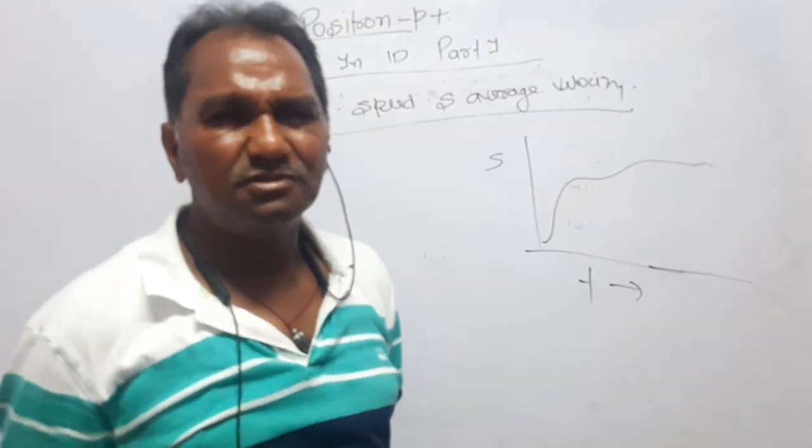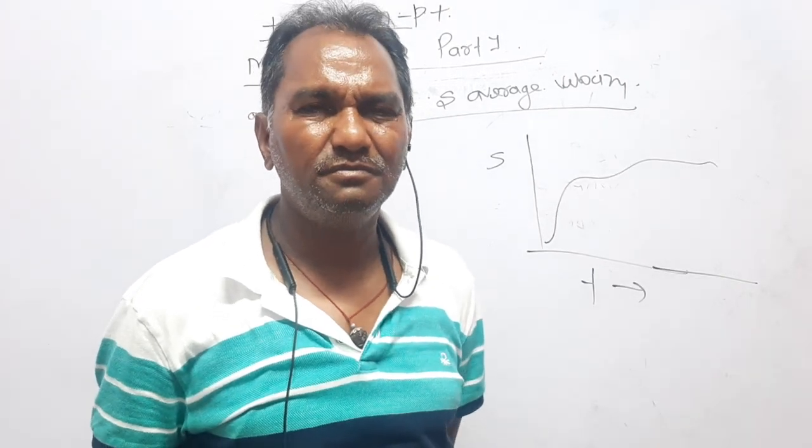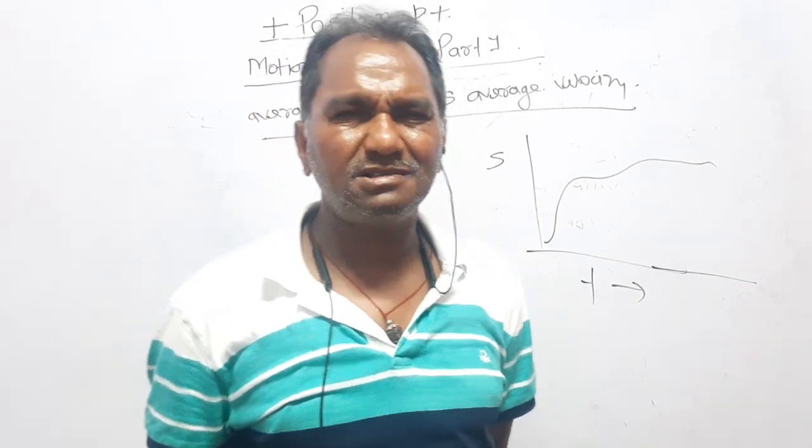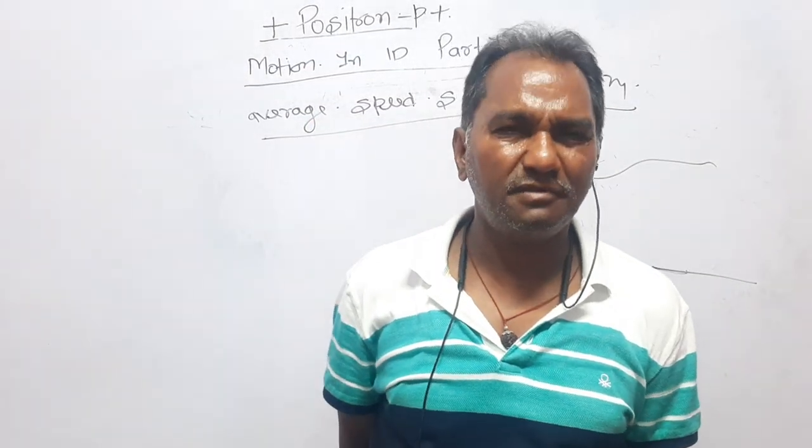Dear students, when the motion is not uniform, it means the body is not moving with a constant velocity. So velocity is varying from point to point. In those cases, we consider either average velocity or average speed. The concept of average velocity is introduced.